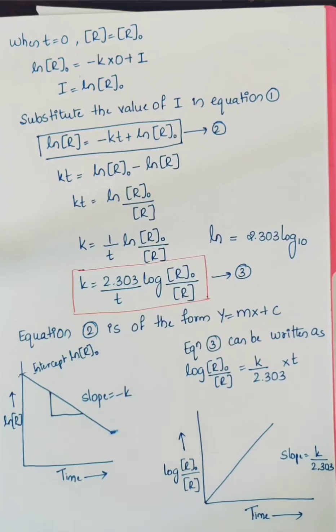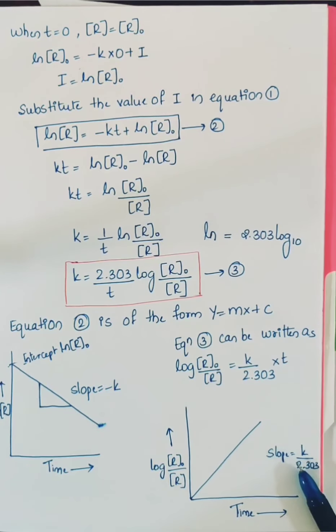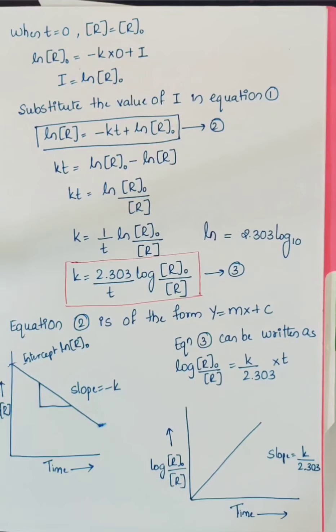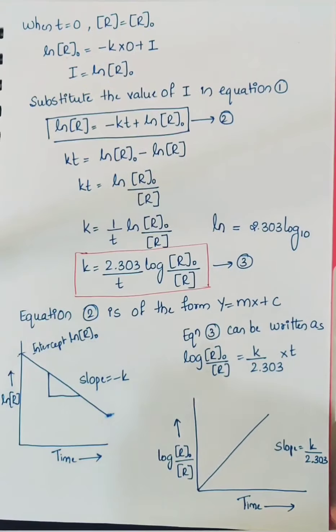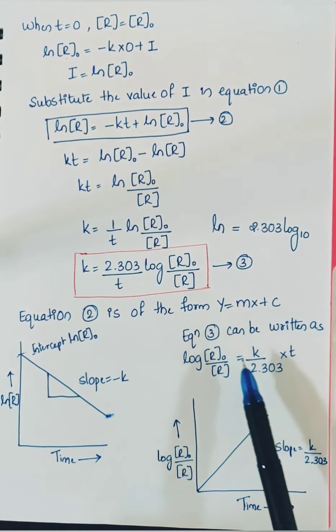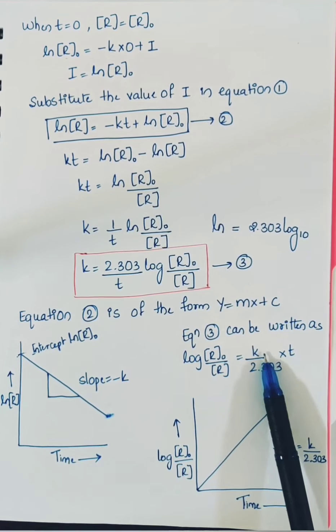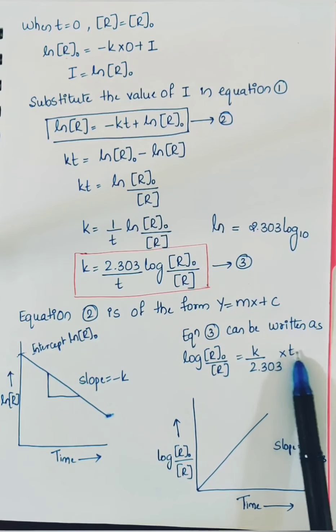Then the slope will be K divided by 2.303. This is the derivation for first order reaction, said to be very important from the point of view of examination.